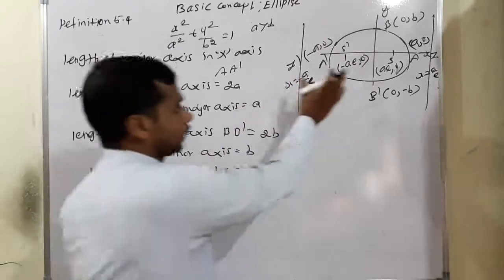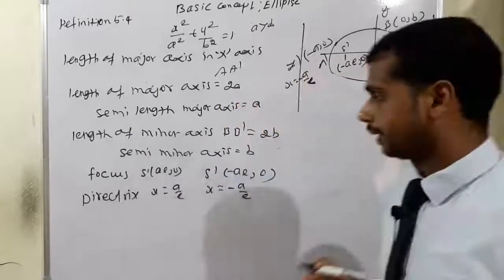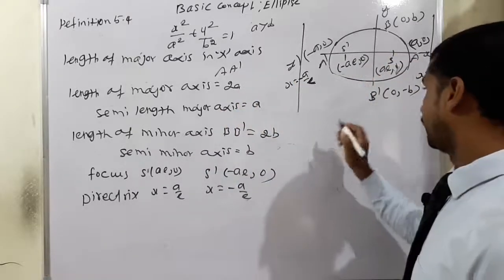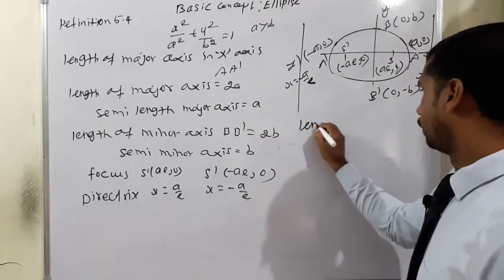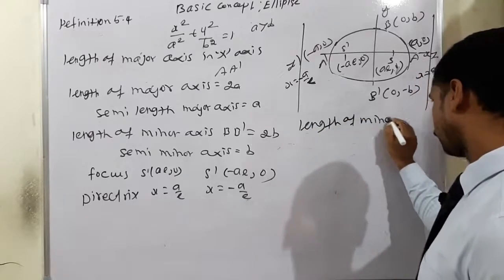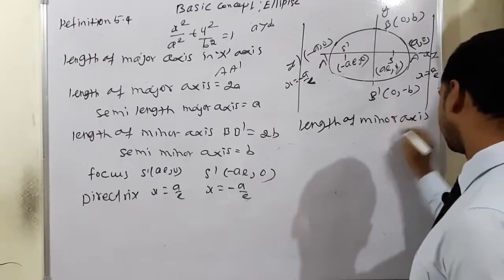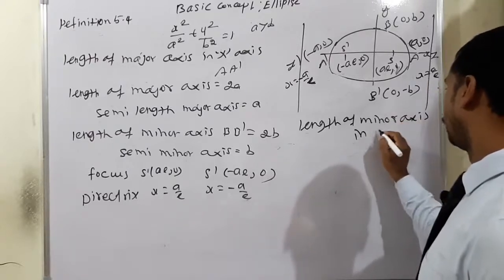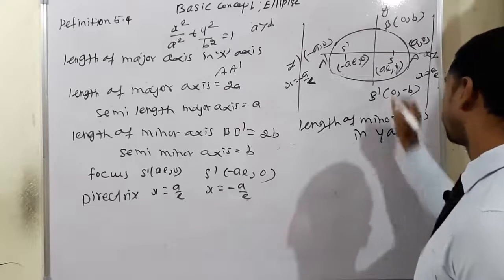Now this is the length of the major axis in the x axis, and when the length of the major axis is in the y axis, what will happen? The length of the minor axis is in the y axis.